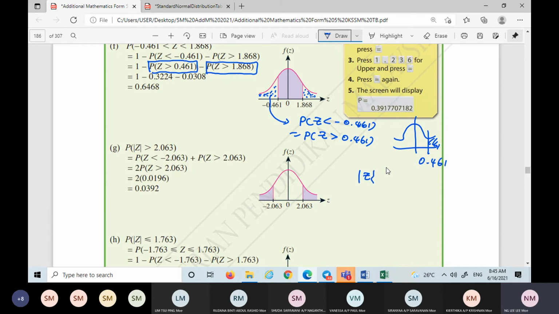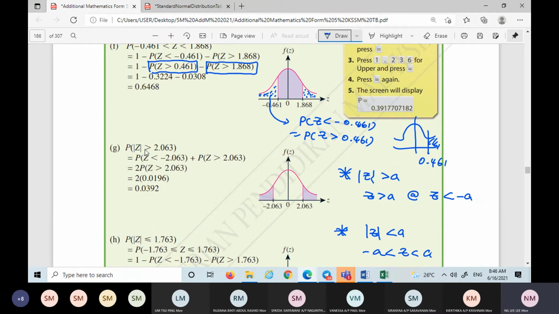If you have modulus of z greater than A, the meaning is z is greater than A, and z is smaller than negative A. This is for the G, maybe you want to make a note. Then this is for the H. For modulus of z smaller than A, this one will be in between negative A and A. You have learned this during your Form 4, so recall a bit. These two you must remember.